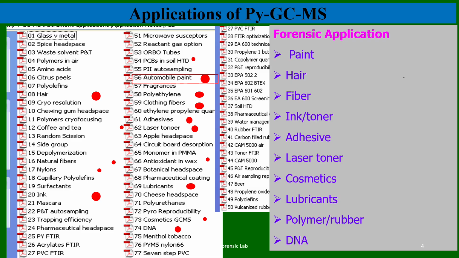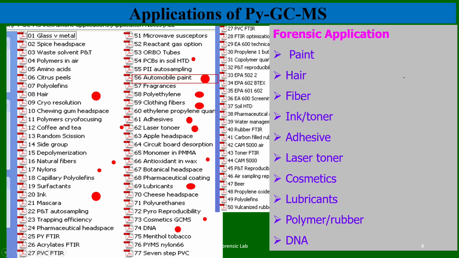PyGCMS is a very useful technique and can be used for identification of organic compounds, different types of organic compounds. In the forensic lab, it is very useful equipment. It can be used for paint analysis, different types of paint.